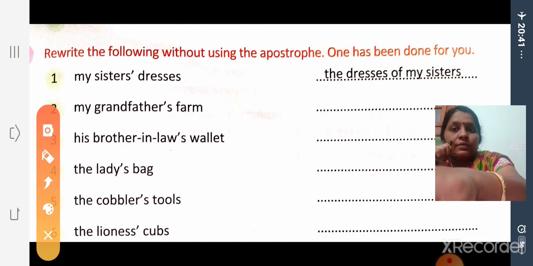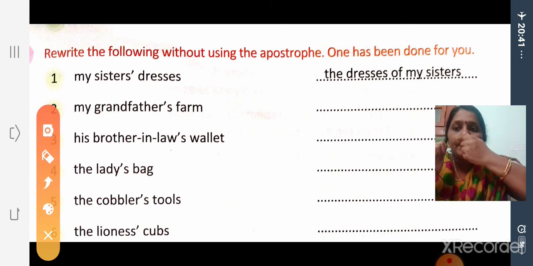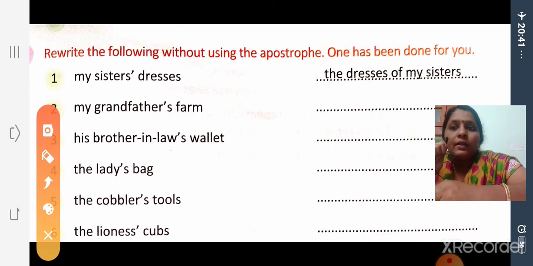Again, no need to write apostrophe s. Then the lady's bag, the bag of the lady. Then the cobbler's tools, the tools of the cobbler. Then the lioness's cubs, the cubs of the lioness.